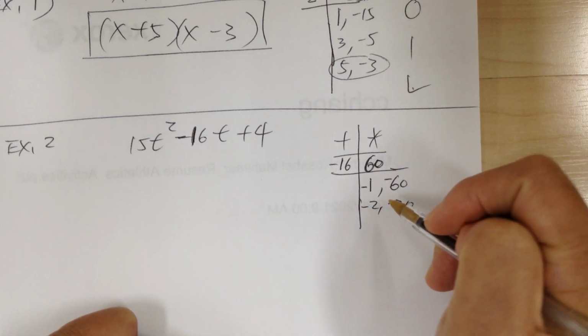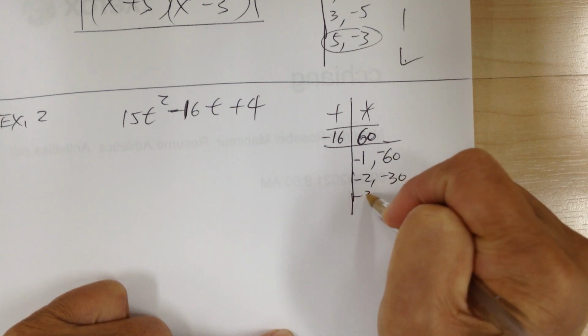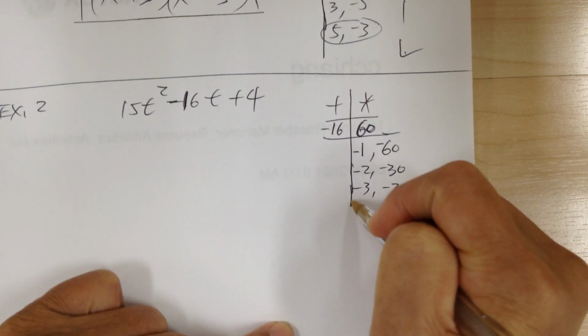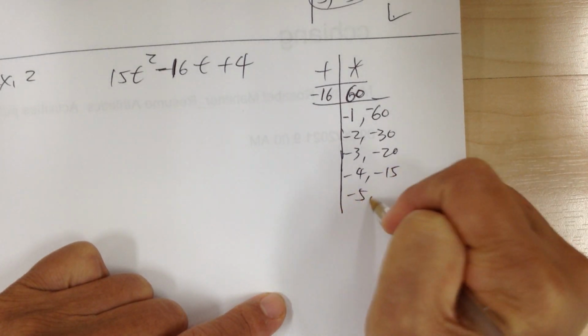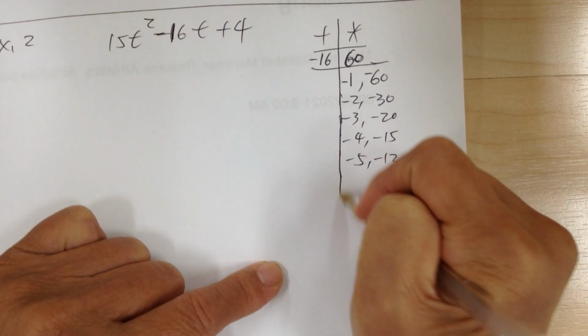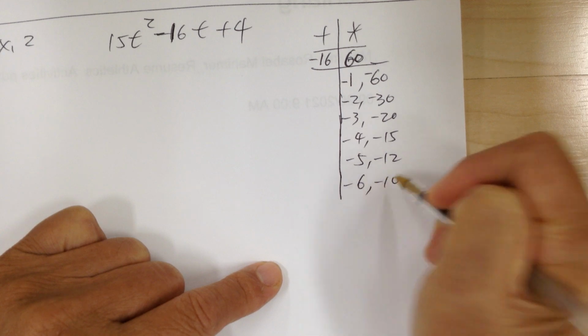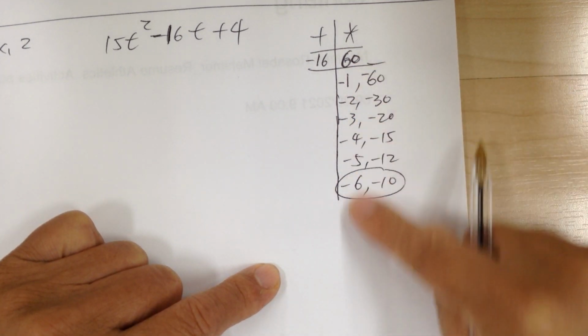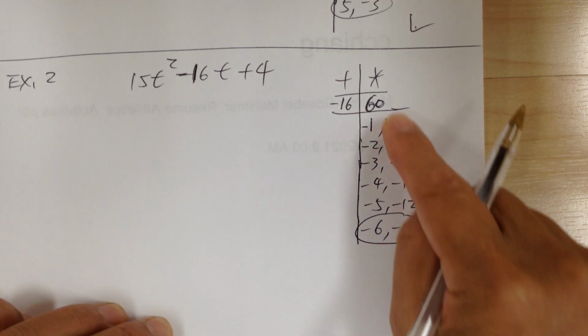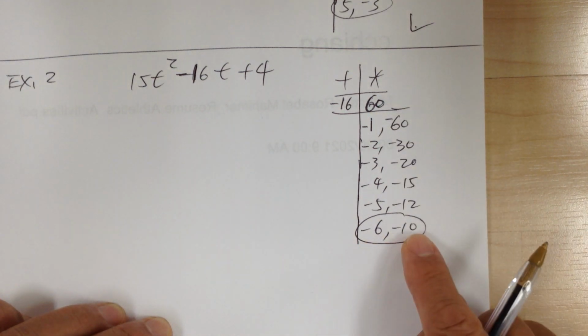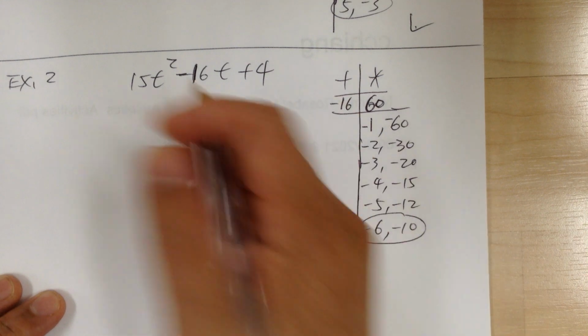Again, just go down the list: negative 3, negative 20, negative 4, negative 15, negative 5, negative 12, negative 6, negative 10, and that's it, right? So you can just go down the list and find the correct combination. Negative 6 times negative 10 gives you 60. Negative 6 plus negative 10 gives you negative 16.